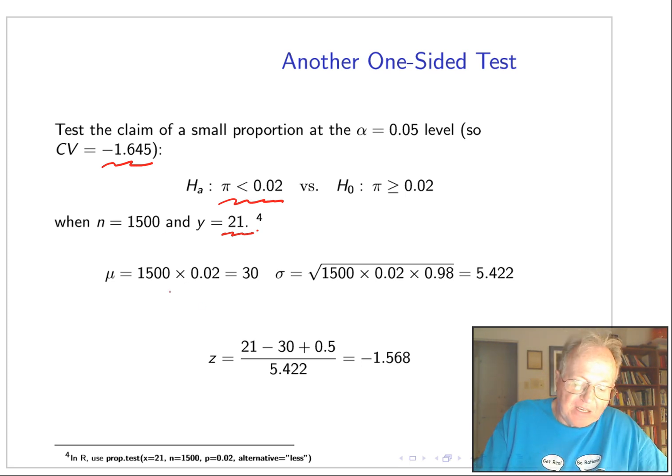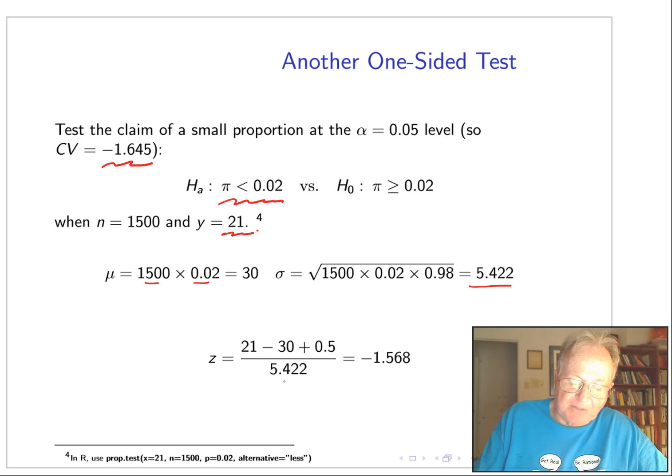So the mean, again, n times the null proportion gives 30. The standard deviation, n times the null proportion times its complement. Take the square root, we get 5.422. And so now we'll go ahead and calculate the z-score. So the observed minus the mean, bring the bar forward this time to include the entire bar with a continuity correction.